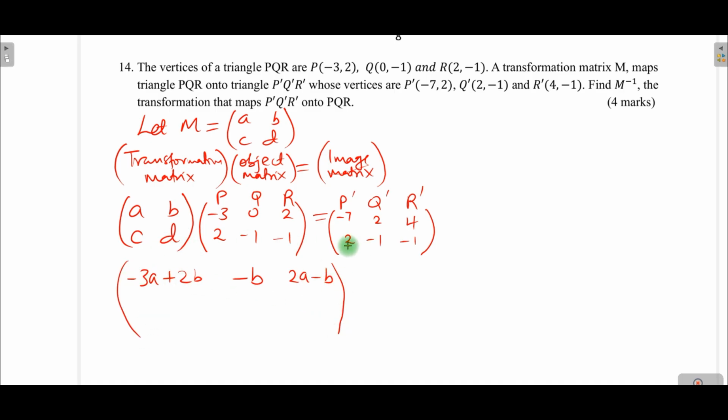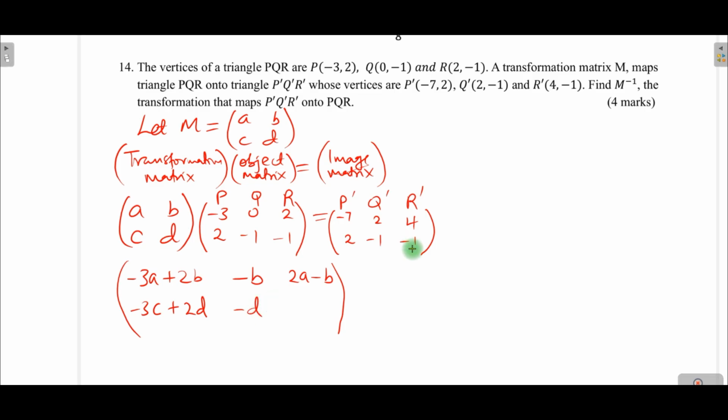The same case applies to get 2. We must have multiplied second row, first column. So C times -3, so -3C, plus D times 2. That is 2D. To get -1, we must have multiplied second row, second column. So C times 0, 0. D times -1, we have -D.